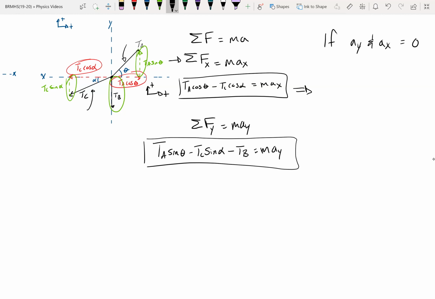Right? If the acceleration is 0 in both directions, everything pointing to the right, TA cosine theta, must balance with everything going to the left. So I'd have TA cosine theta equals TC cosine alpha. And that would be my true statement if a in the x direction is 0.